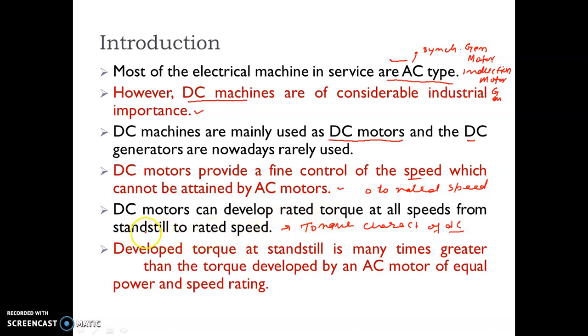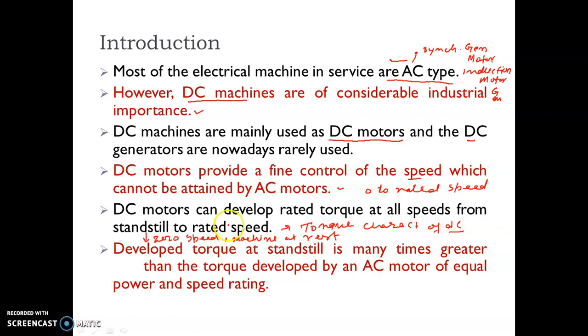A standstill means zero speed, or machine at rest, meaning the machine is not working, not running. So the machine is called at standstill when the speed is zero.